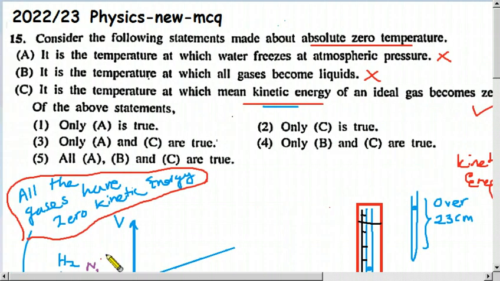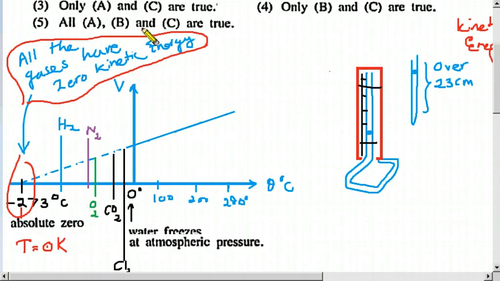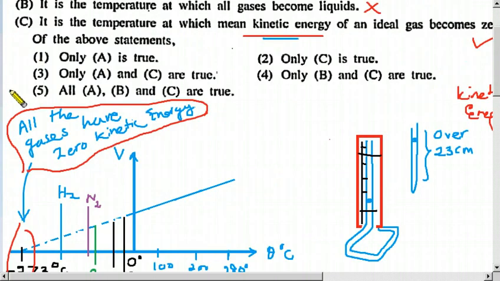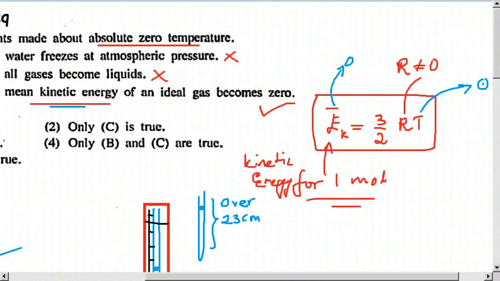This graph is for ideal gases. So children, only C is correct, only C is true. The second one is the answer.